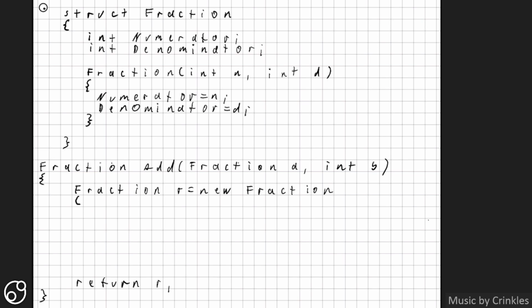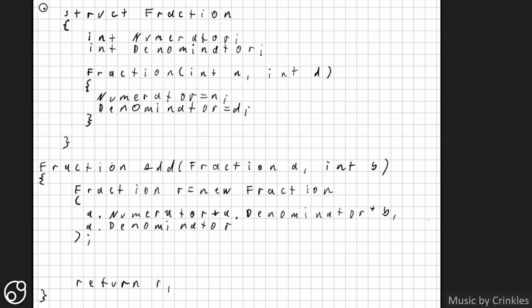And the numerator was the old numerator, a dot numerator plus a dot denominator times b, comma, and a dot denominator. Let's do it like that.